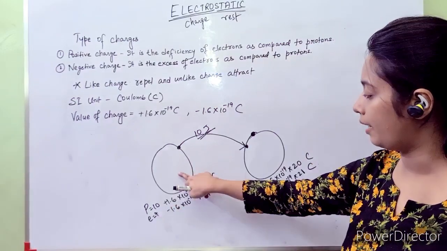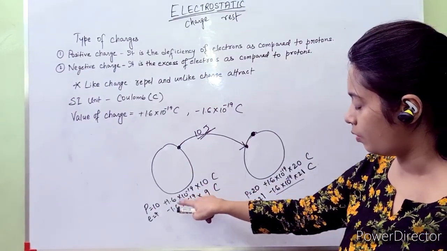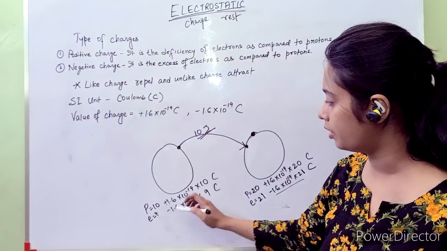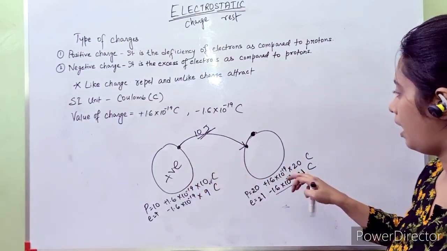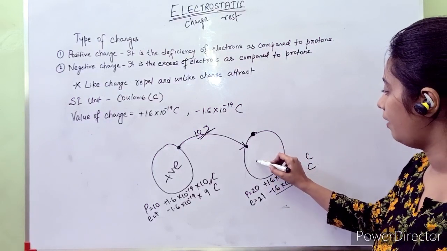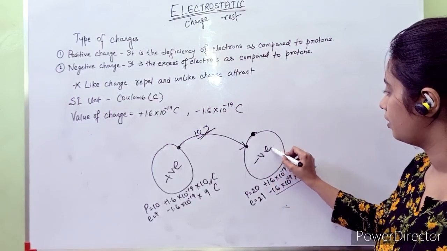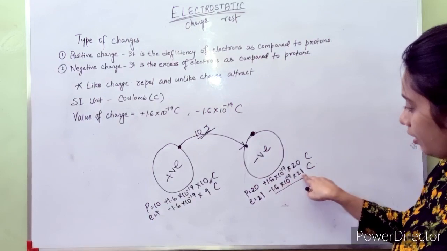So this atom will have positive charge because the proton number is more, and this atom will have negative charge since the electron number is more.